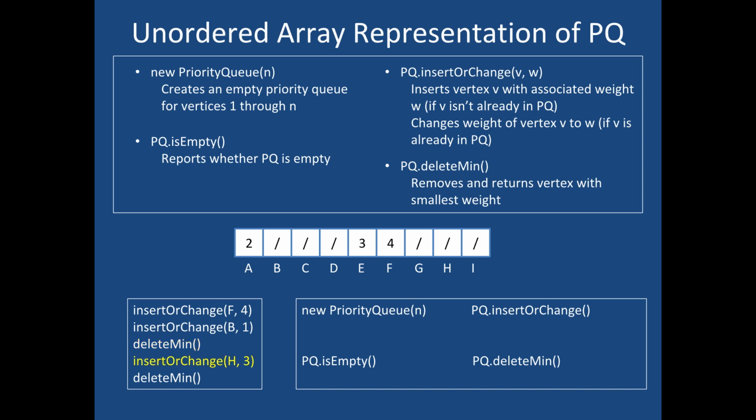If we need to update H, we just do it. If we have to do delete min, we have to search the whole thing. We found out A is the min. Done. That's what we wanted. Constant time insert, linear time deletion. Really easy. So it has the same interface as the next version of the priority queue we'll look at. It's just the internal representation that is different.